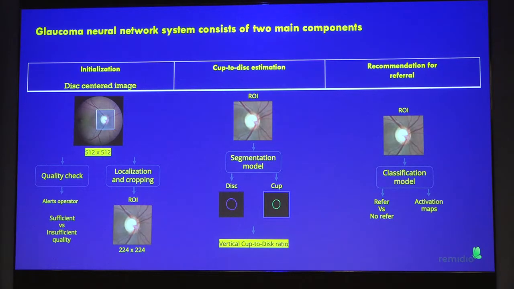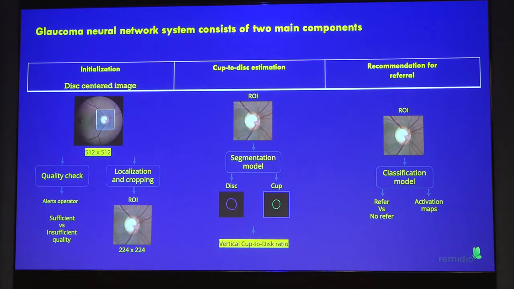If it is sufficient, then it crops the area of interest like this. And then 2 things immediately happen. One is the segmentation, and the other is the classification. In segmentation, it looks at the disc margin, the cup margin, and at the next level, it also looks beyond that. What is the recommendation for referral?